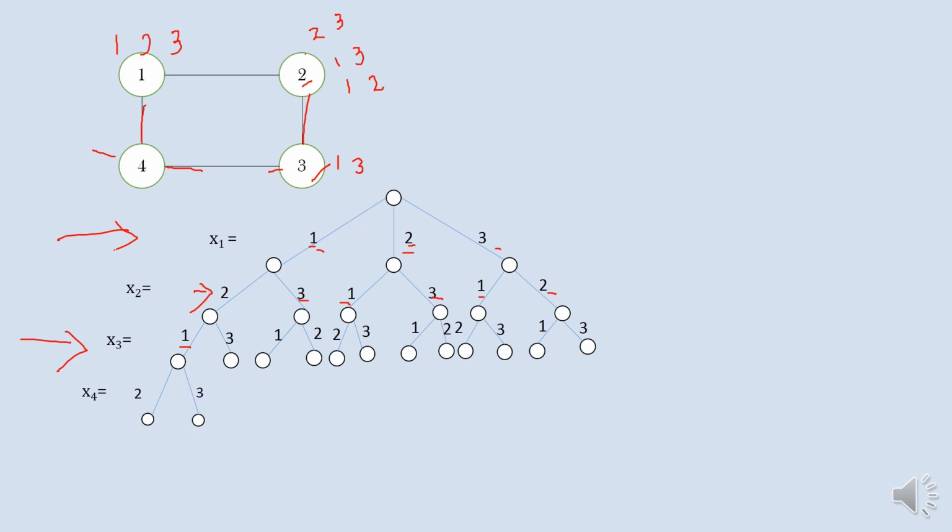If we look at the next branch, x1 has taken the color 1 and x3 is having the color 3. So out of the 3 colors, 2 are already used. So for x4, we have only the leftover one, that is the color 2.